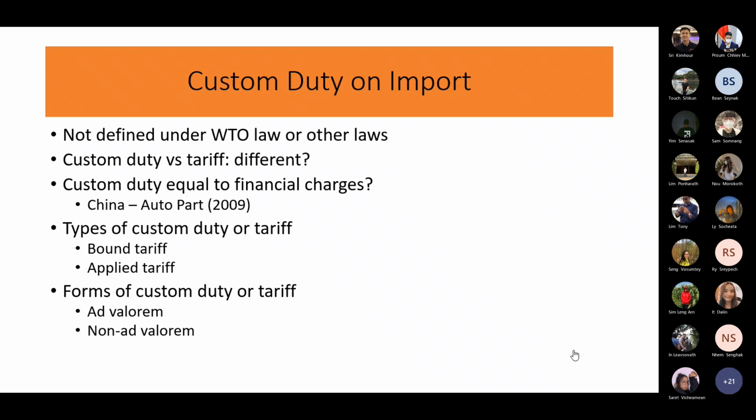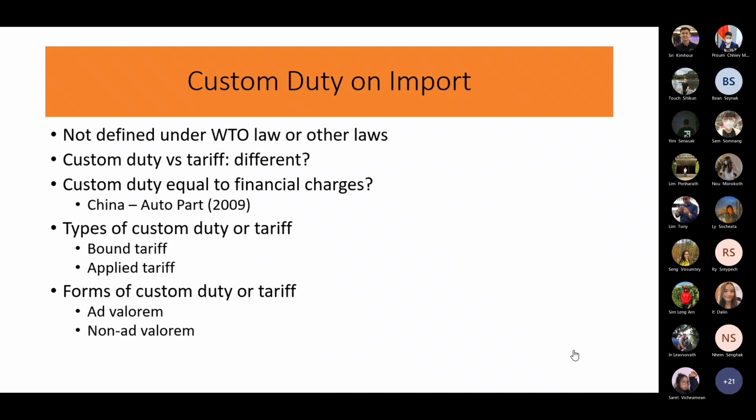And again, custom duty versus tariff, are they the same? Can anybody guess based on my explanation so far? Are custom duty and tariff the same? The keyword here is custom and duty. Duty is equivalent to tax, and custom, I think you know quite well what it means. So is custom duty the same as tariff or not?